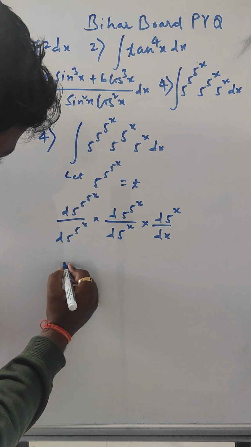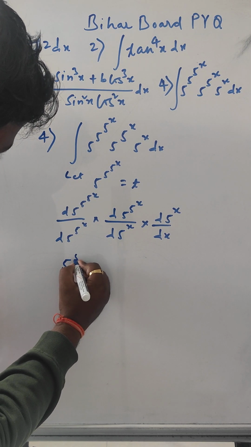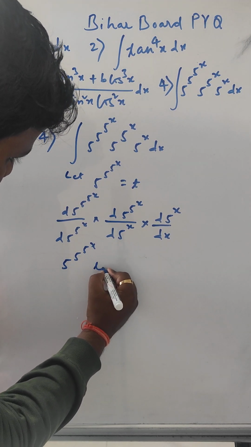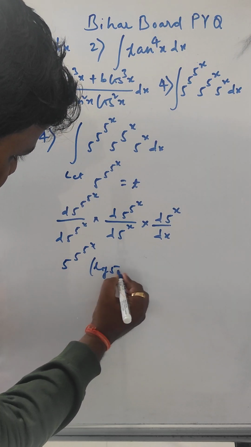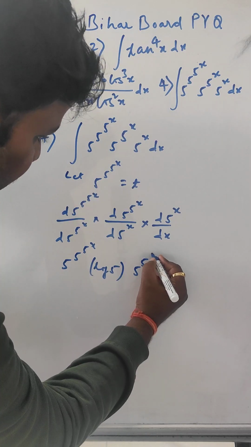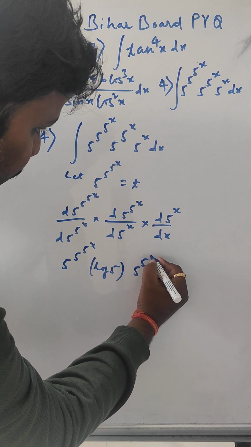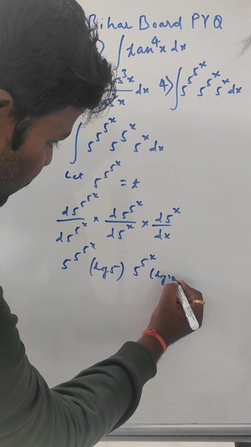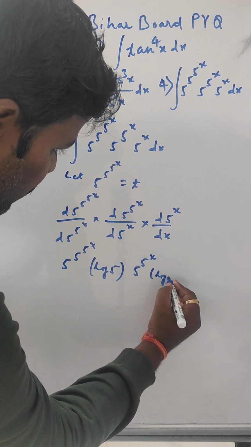Here we get 5 to the power 5 to the power 5^x, log 5, and here what will we get? 5 to the power 5^x, here log 5. Correct?